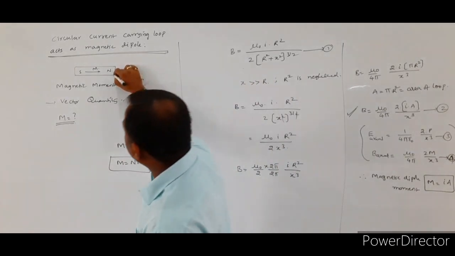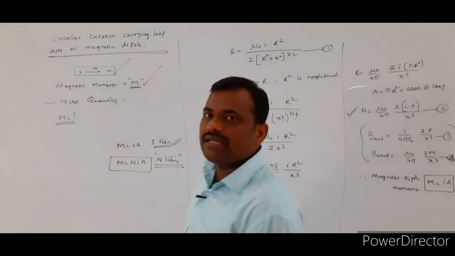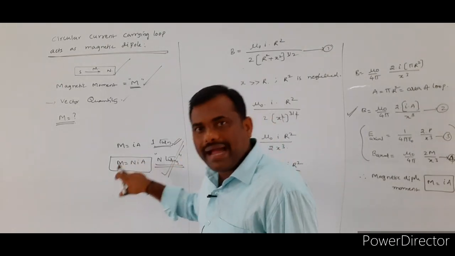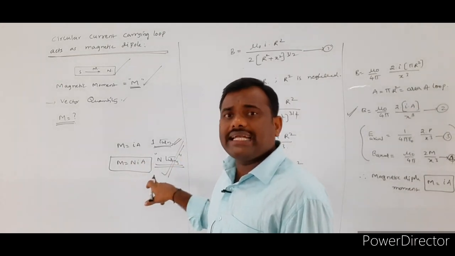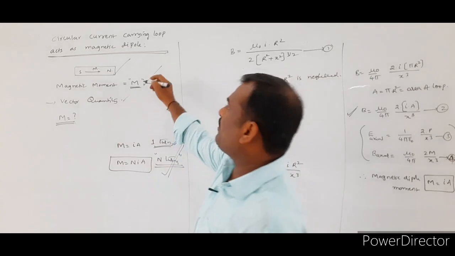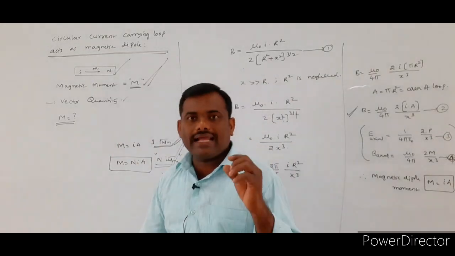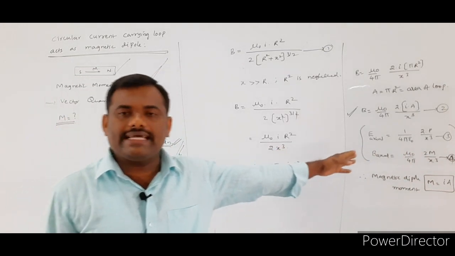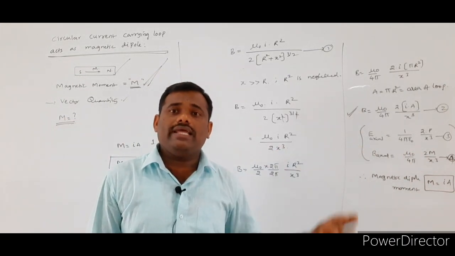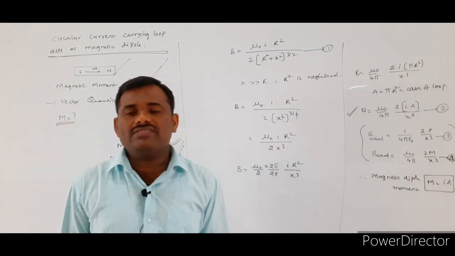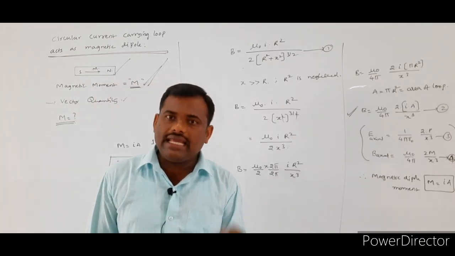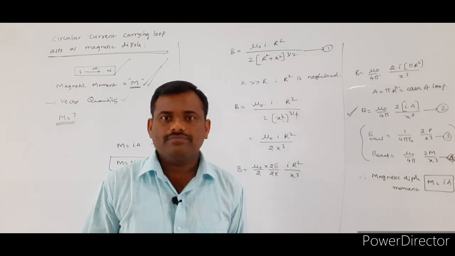For a magnetic dipole only, the magnetic moment exists. I derived the expression for the magnetic moment, so whenever a magnetic moment exists, it is acting as a magnetic dipole. From these observations, we say that a circular current carrying coil behaves as a magnetic dipole.